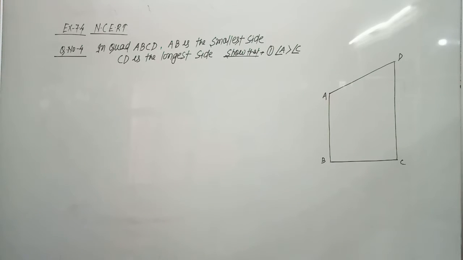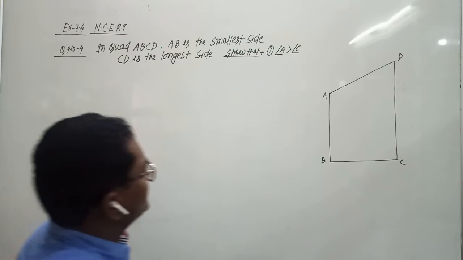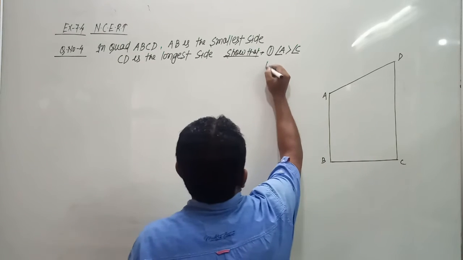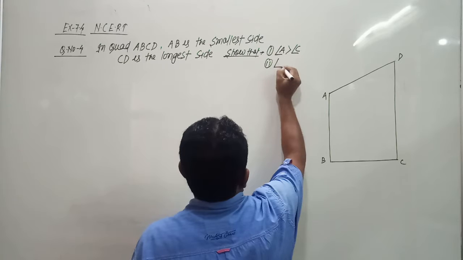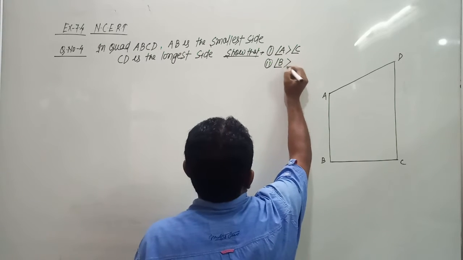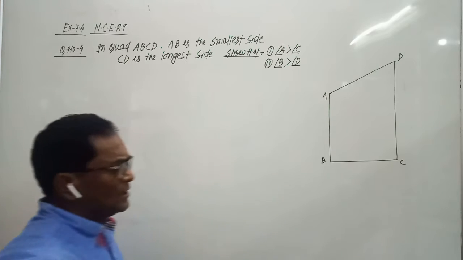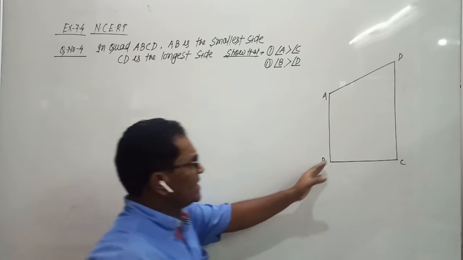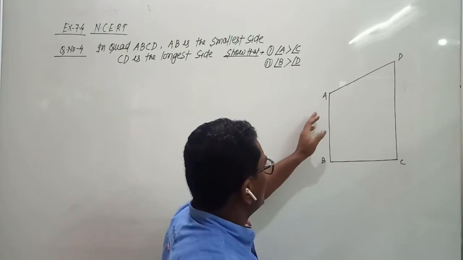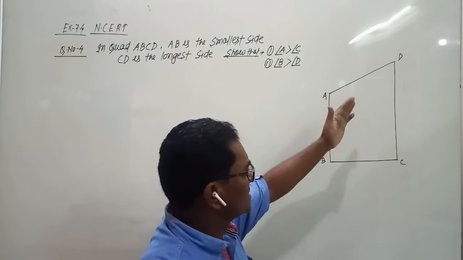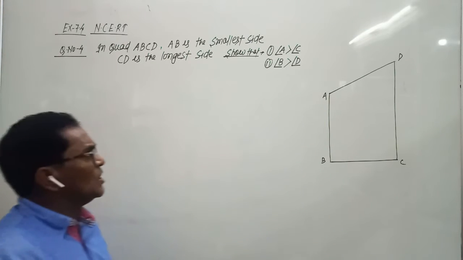The first part, angle A is greater than angle C, and second part, angle B is greater than angle D. So we have given a quadrilateral ABCD in which AB is the smallest side, CD is the longest side.